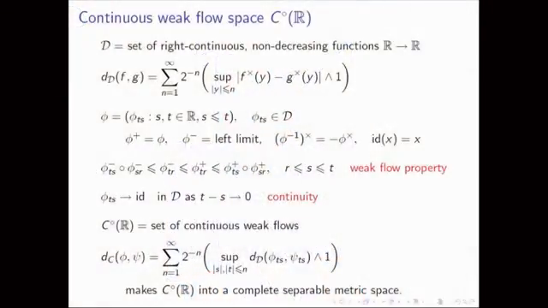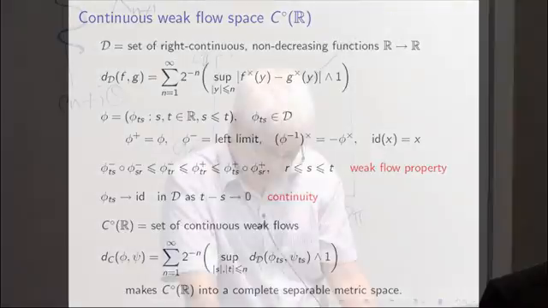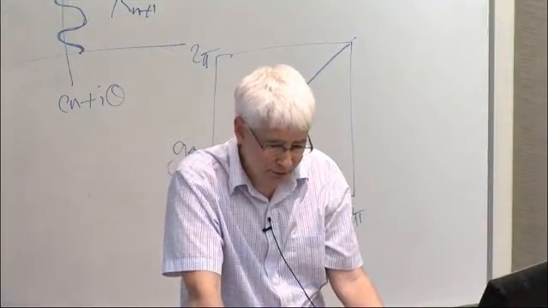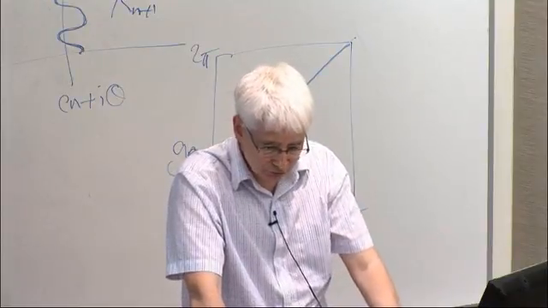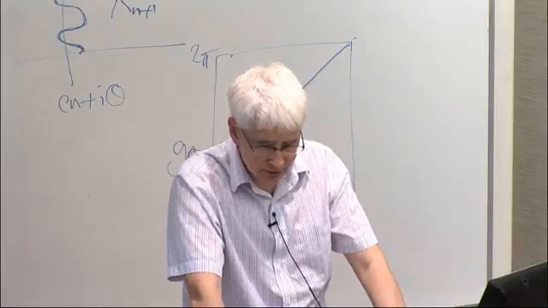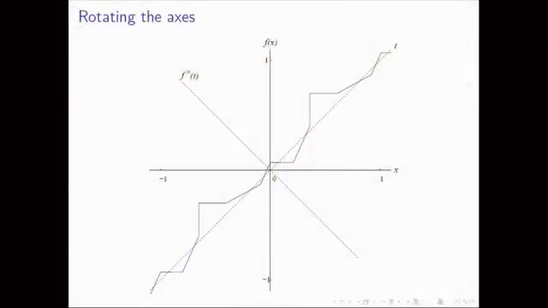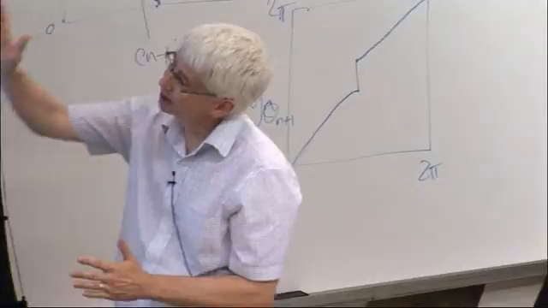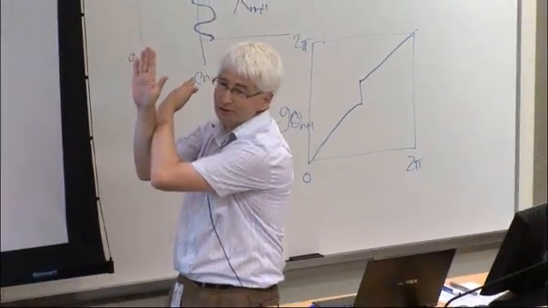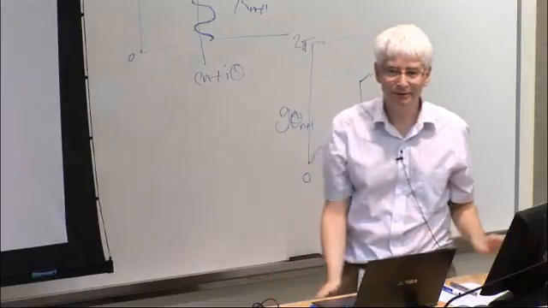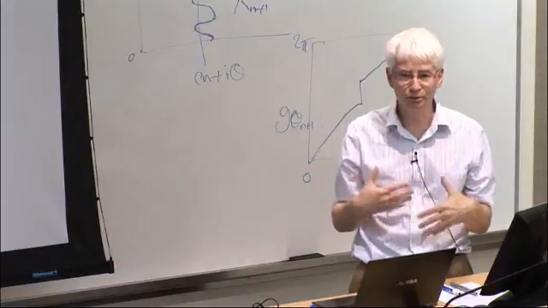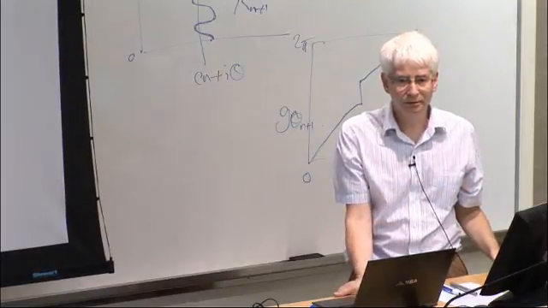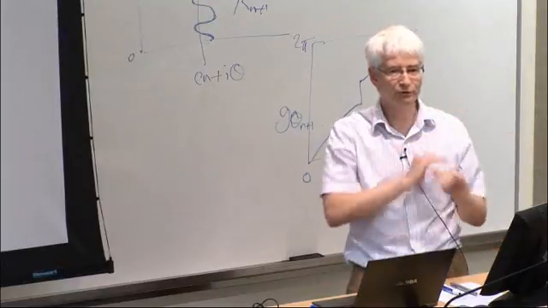So if I consider this set of all such functions without the periodic condition, then I'm going to say two functions like that are close if, when you rotate the axes, so instead of thinking of it as a non-decreasing right continuous function, I could just draw axes like that cross, and it becomes a contraction. And if I consider two such functions, I could look at the uniform distance between those two contractions. You've got to tilt your head by 45 degrees.